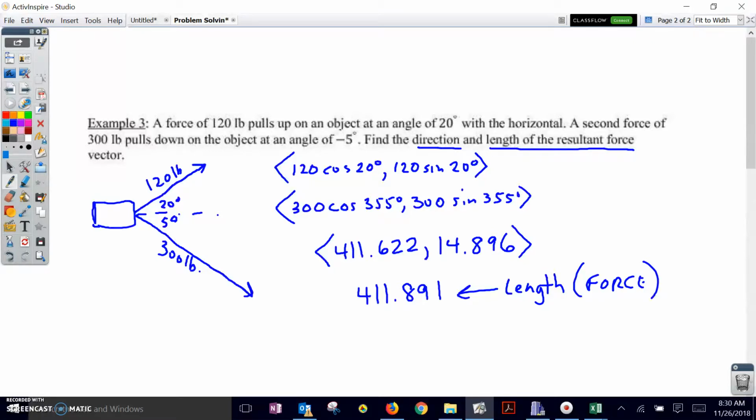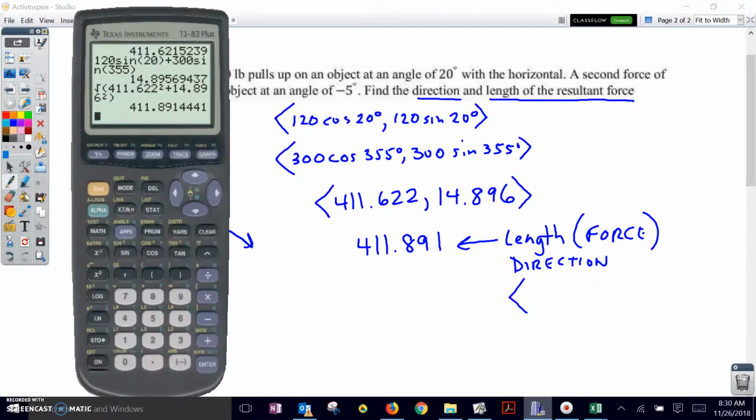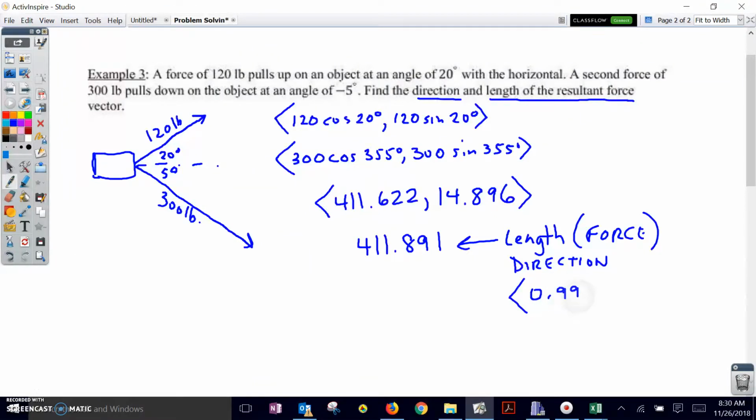And then the direction, we can write in one of two ways. We can write a direction vector. In order to write the direction vector, we take the component form and divide by the magnitude.